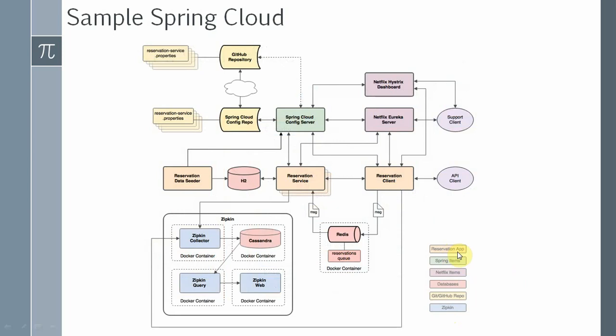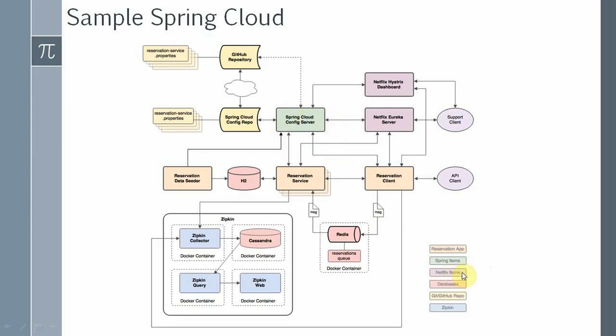You see that this color is a reservation application, where we see a service called reservation service. These items are Spring items. For example, a Spring Cloud config server you have here has been developed by Pivotal. Actually, these are Pivotal items.